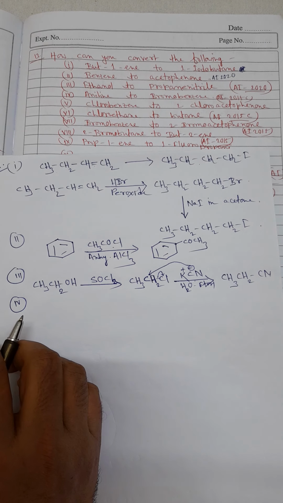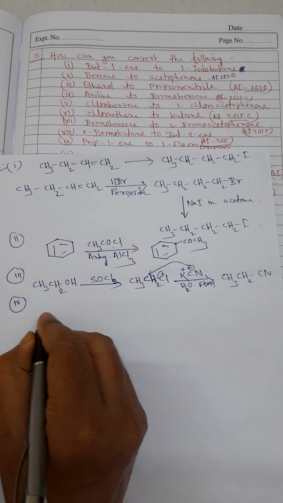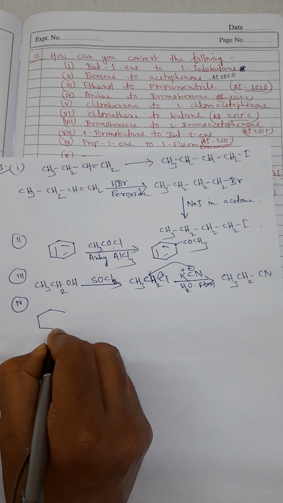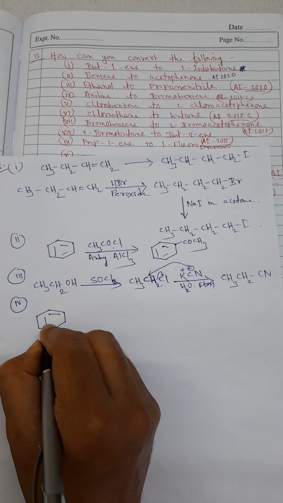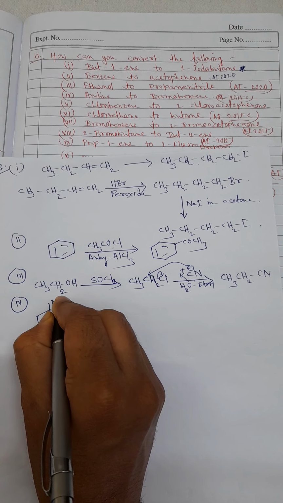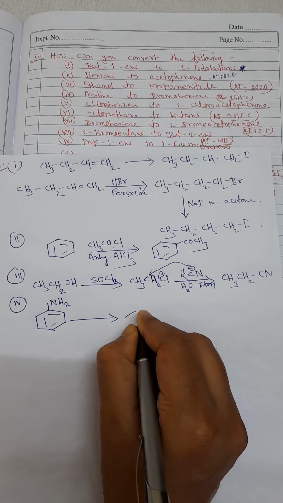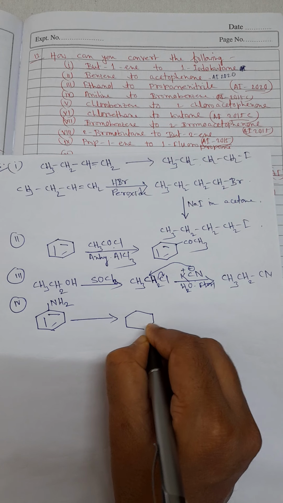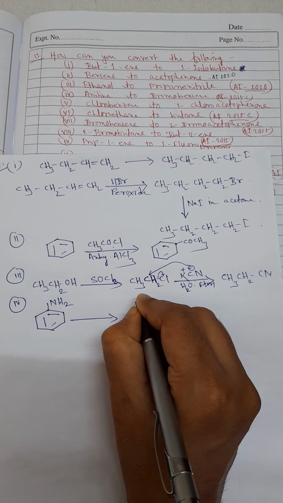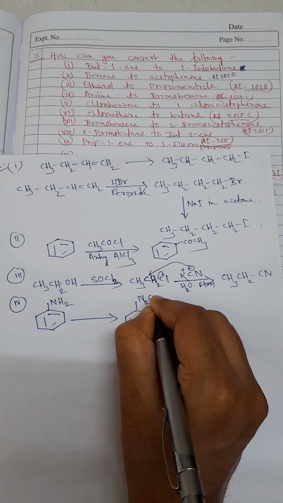Now let's come to the next one, aniline to bromobenzene. This is aniline. At first you have to convert aniline into benzene diazonium chloride. How can you do it?